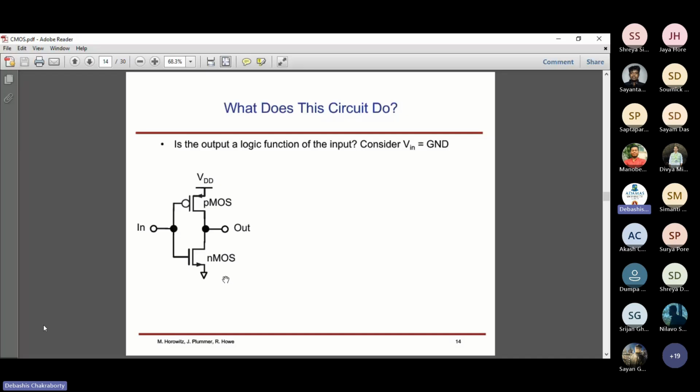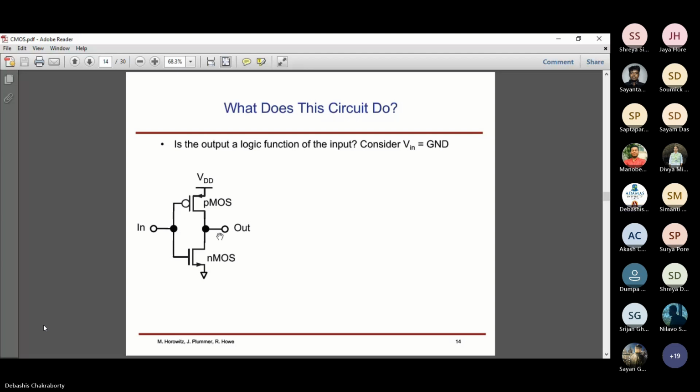Now let's study this particular diagram. Here the input IN is the input to this entire CMOS circuit. Let's think of the entire circuit as a single device. Now we apply some input voltage to the common gate for both PMOS and NMOS, and the output is taken out from the common drain terminal, like here.